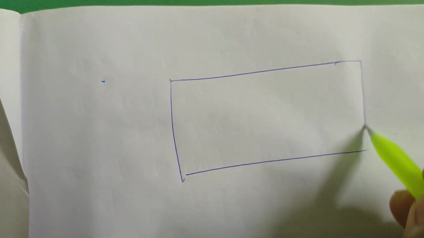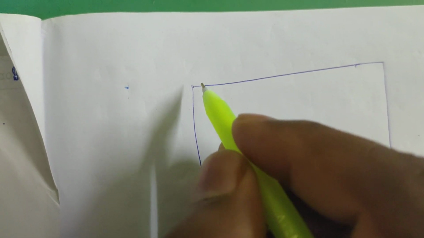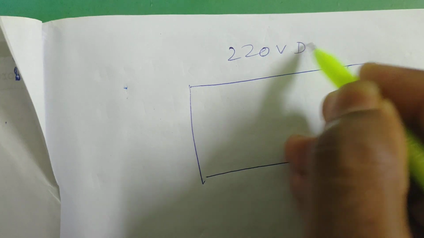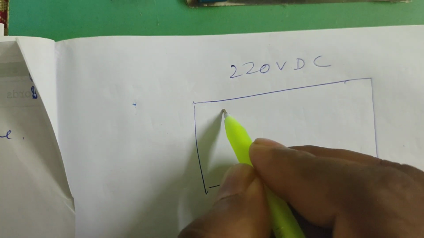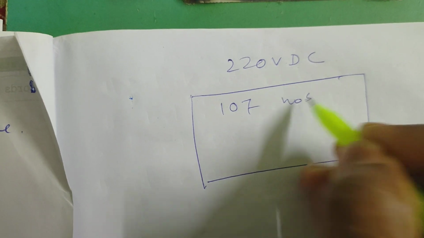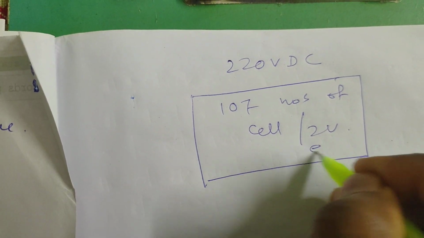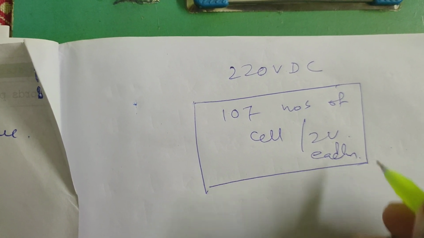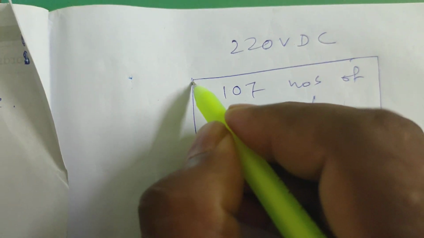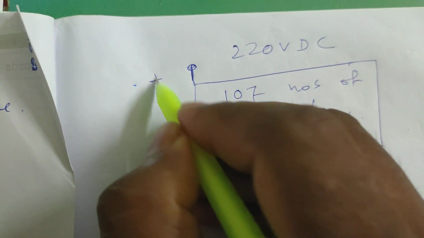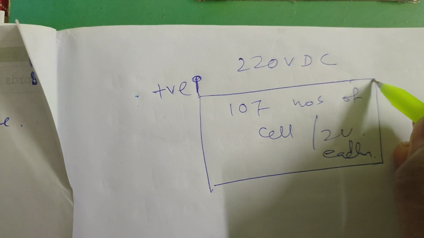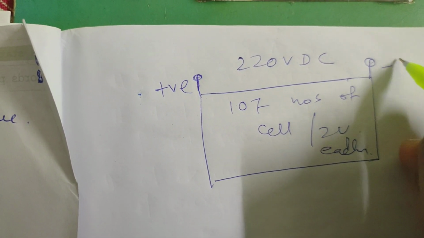In case of a battery bank, suppose a 220 volt DC battery bank, here there are 107 cells, individual cells of 2 volt each. Suppose this is the positive terminal and this is the negative terminal.